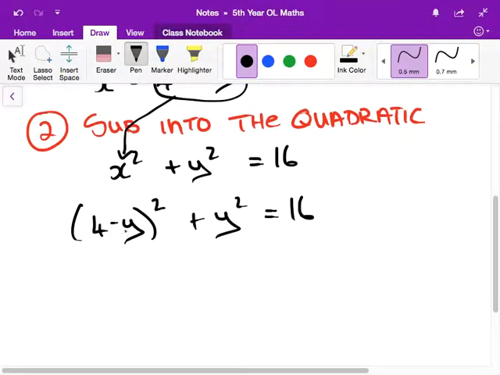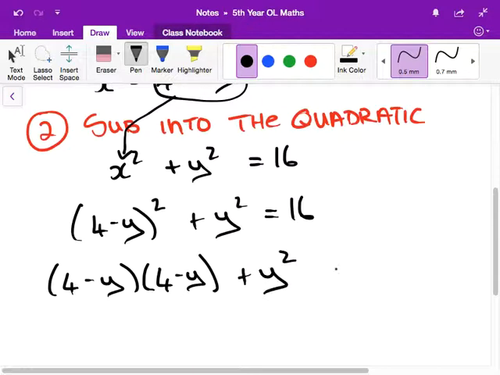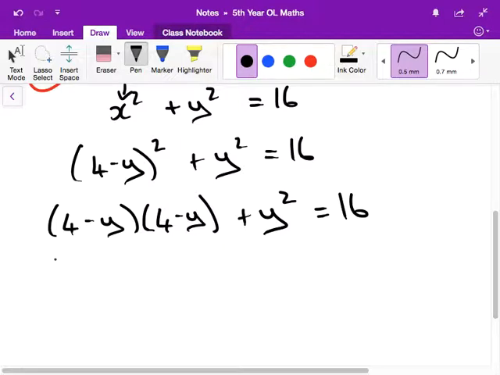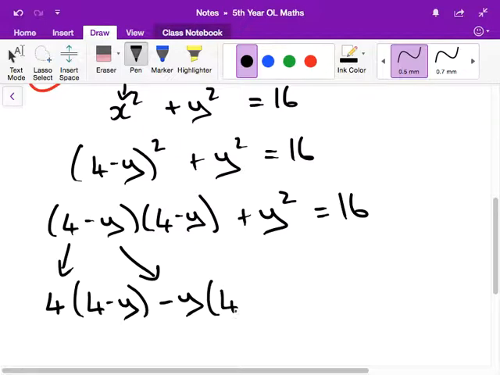Now, squaring out this 4 minus y, you just write the bracket out twice. So (4 minus y)(4 minus y), and then don't forget to keep adding on plus y squared and equals 16. Multiplying two brackets, you split the first bracket and multiply it by the second. So you split up the 4 and the minus y, and you put the second bracket after each of them.